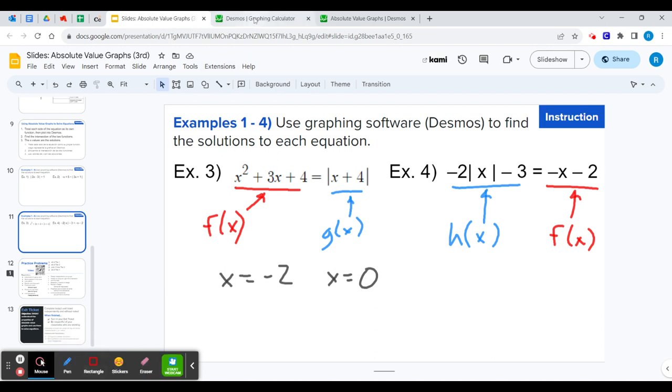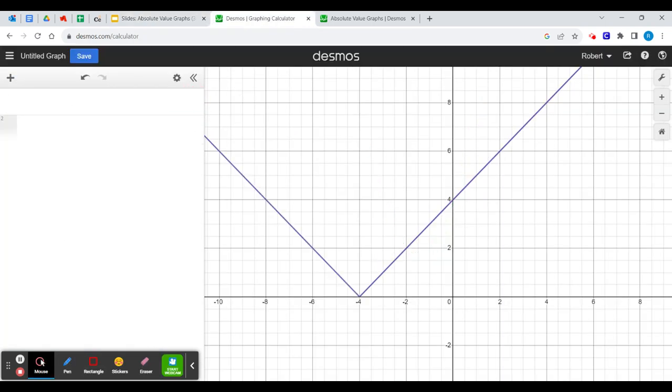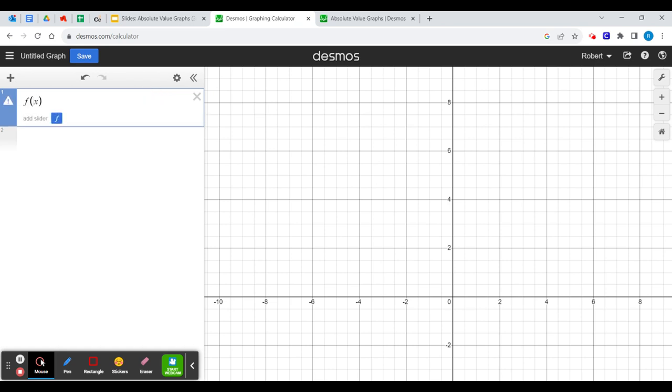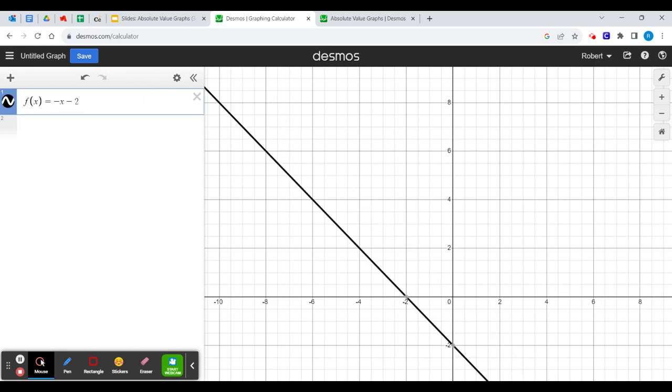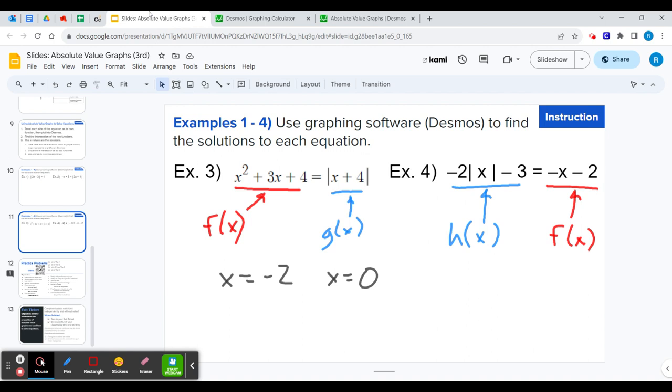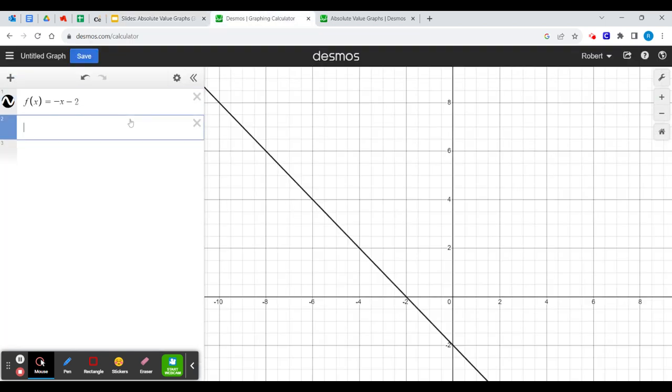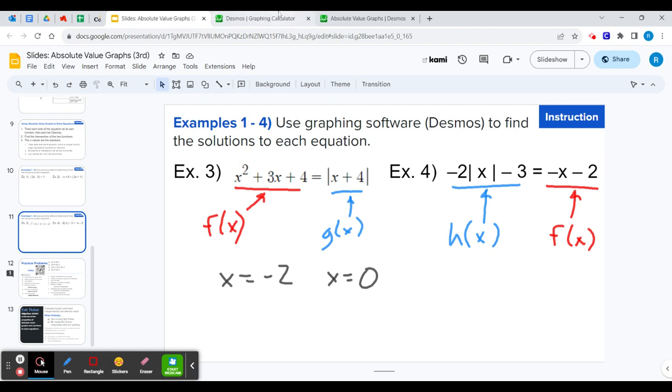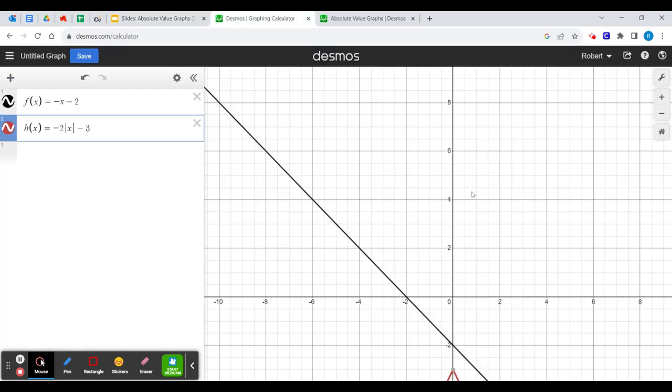So let's graph that f of x first. I'm going to clear out my work. F of x equals negative x minus 2. Let me double check I entered that correctly. Awesome. And h of x equals, looks like, negative 2 times the absolute value of x, minus 3.